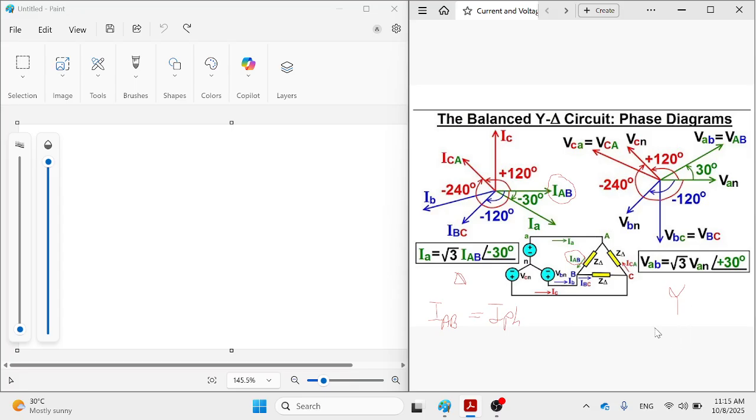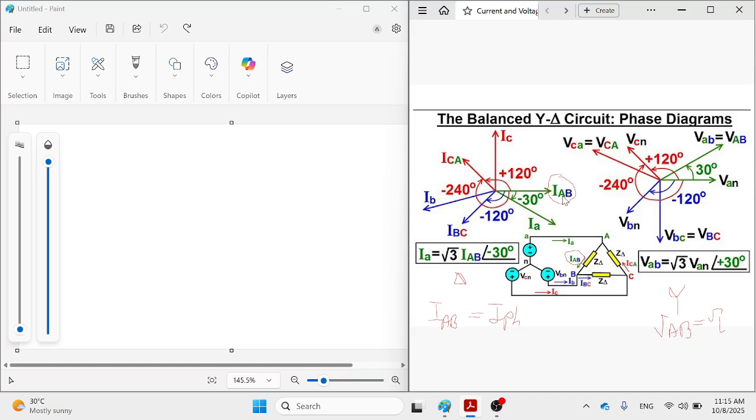In the Y, VAB is described as the V line. So be careful about that. IA is the line current, so we should start from the phase. Don't forget, the transformer usually does everything in phase, then we convert it to line. You can see the voltage in the Y and the current in delta.